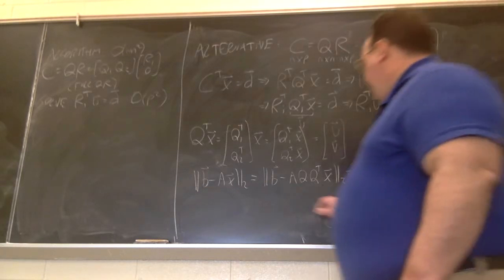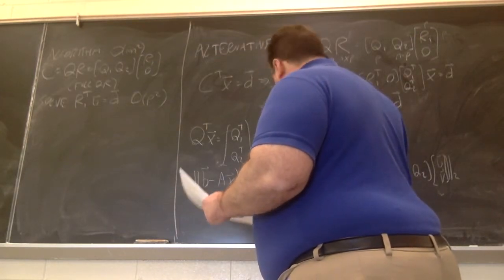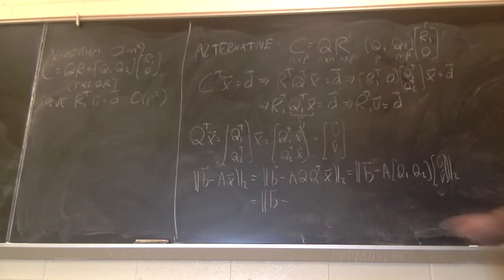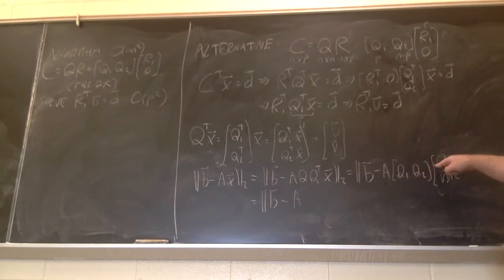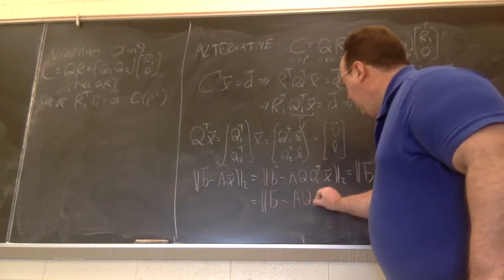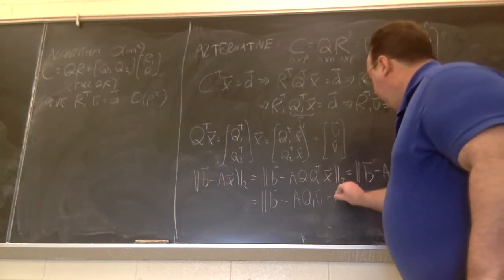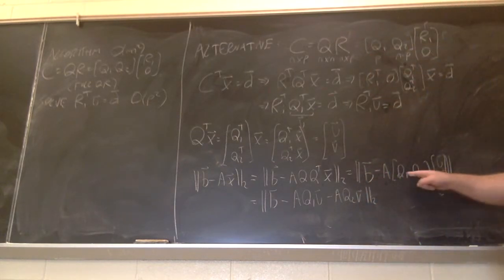So now I have B minus, if I carry out all of this matrix multiplication, A Q1 U, so minus that, and also minus A Q2 V. Because this product here, you can think of it as kind of like a dot product involving these blocks.